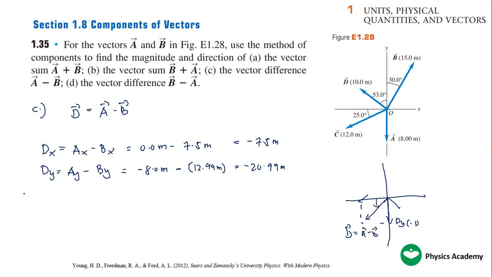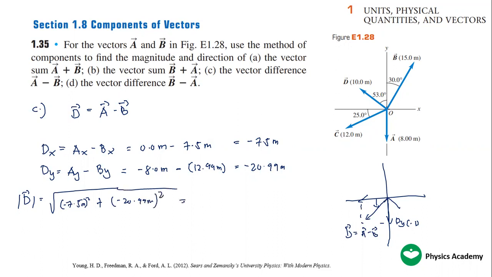So here, the magnitude of our vector d is just equal to the square root of negative 7.5 meters squared plus negative 20.99 meters squared. Okay, that's the magnitude.